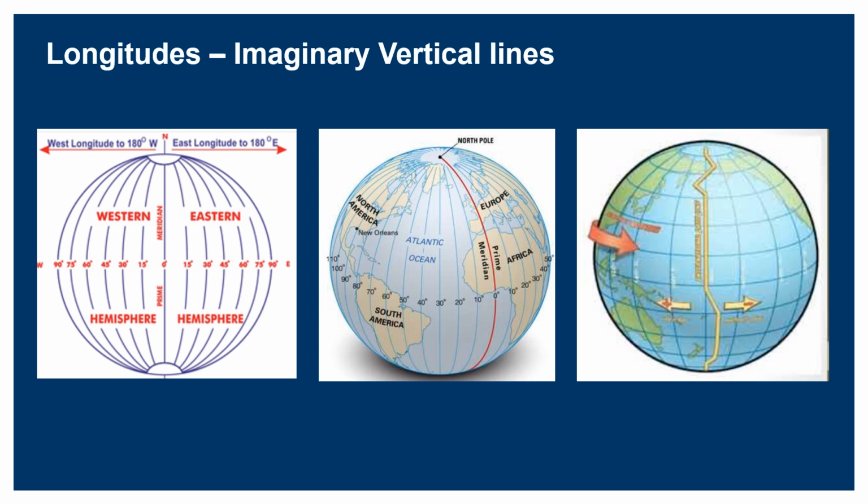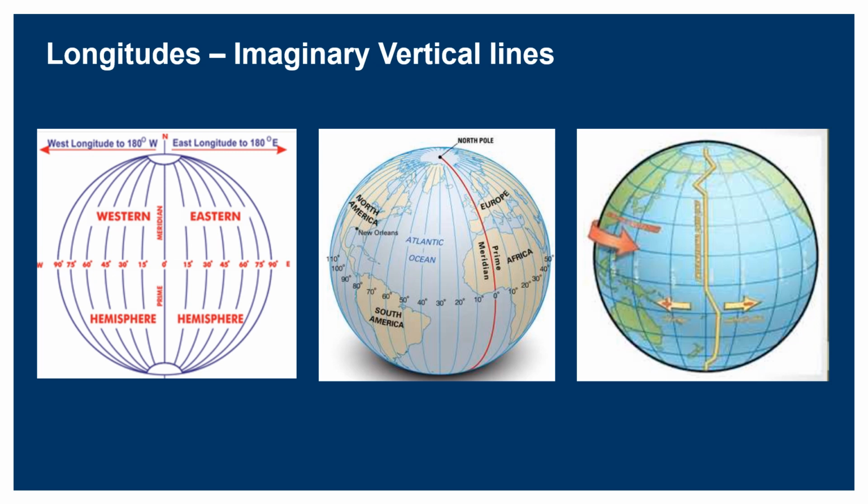All meridians are numbered from this prime meridian. You can see, from 0, 10, 20, 30. This way we number them up to 180 degrees. So this is the eastern hemisphere. The eastern hemisphere and western hemisphere are numbered from the prime meridian. The eastern hemisphere has 180 degrees and the western hemisphere also has 180-degree longitudes.